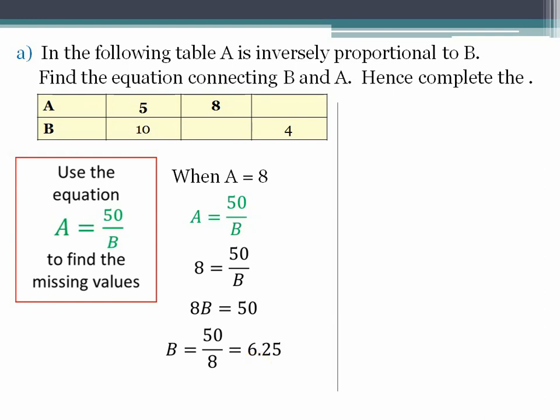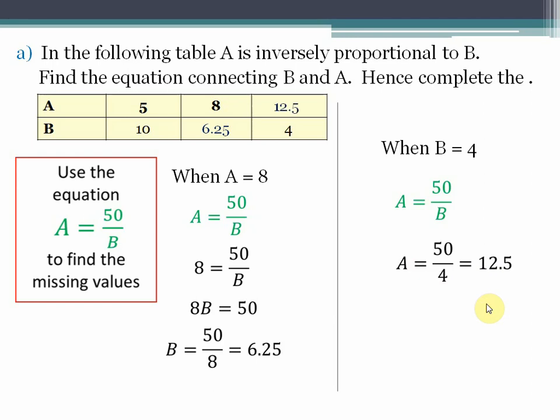So you see that the value of b is 6.25, which we write in the unknown column. Now move on to find the value of a. When b equals 4, write the equation again and substitute the value of b, so you get the value of a. Now write the value of a in the blank box, which is the unknown.